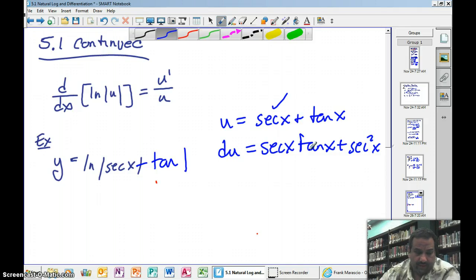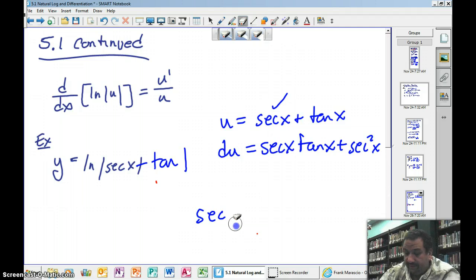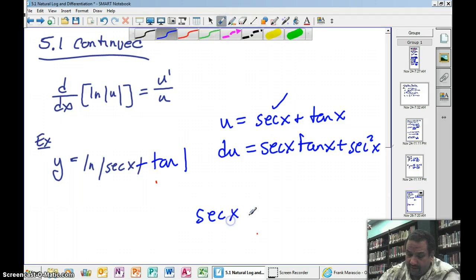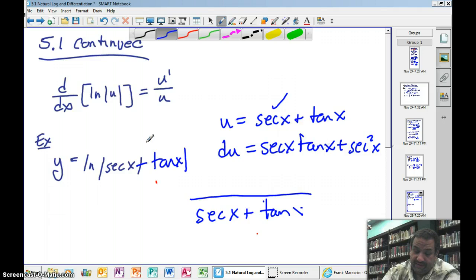So what we're going to have is secant plus, I forgot the x. It's not that big of a deal, but I forgot the x. Secant x plus tangent x, and the du over it, if I set this guy equal to u. So du is going to be secant x, I'll factor it.